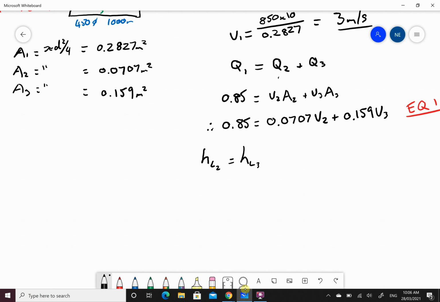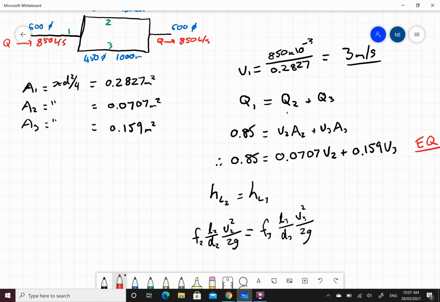What is my head loss due to friction? Friction factor, L on D, V squared on 2G, is equal to my friction factor in pipe 3, the length of pipe 3, diameter of pipe 3, velocity in pipe 3 squared, all over 2G.